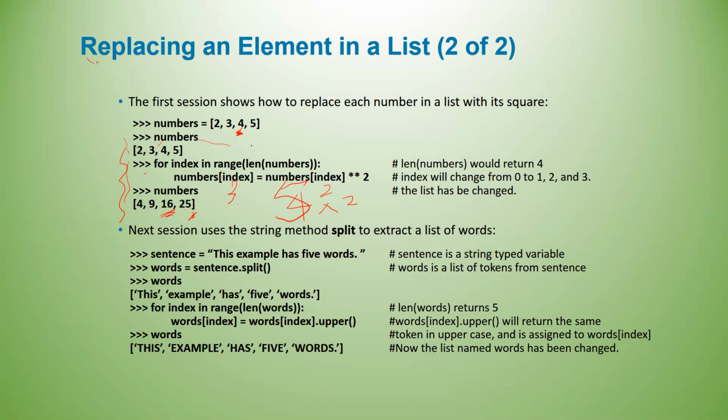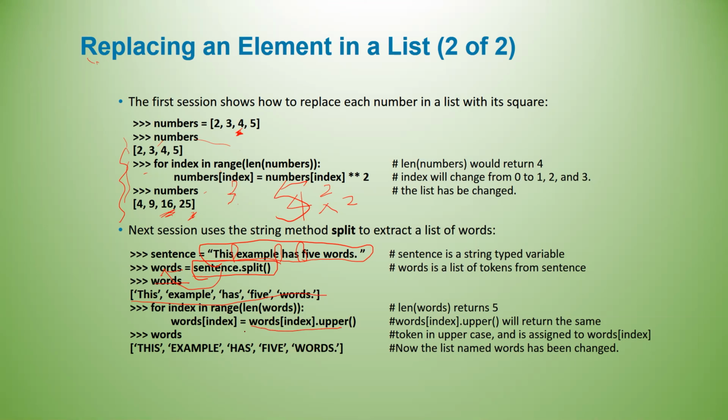Okay, this is a sentence, and this is a string, everybody, right? That's a string. And now we are splitting it. Once you split, remember it automatically uses the space as the separator, and it's split into a list. So you're assigning it to words, and when you print it out, this is what is in it, right? So here we can change.